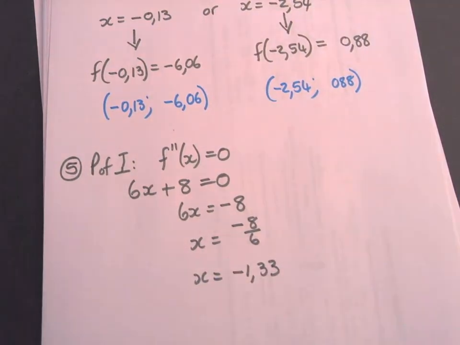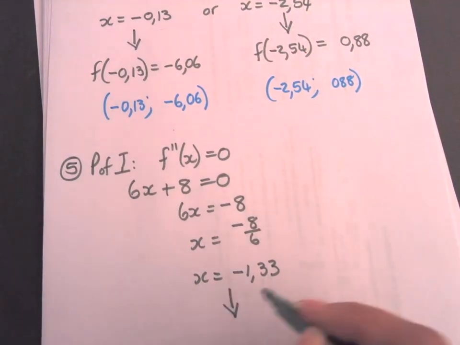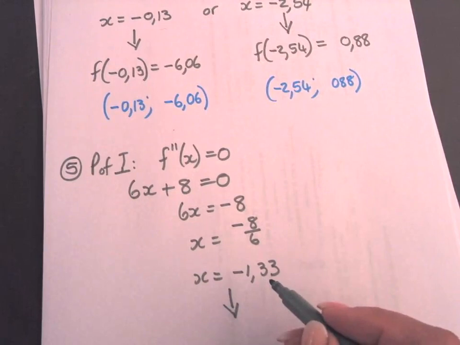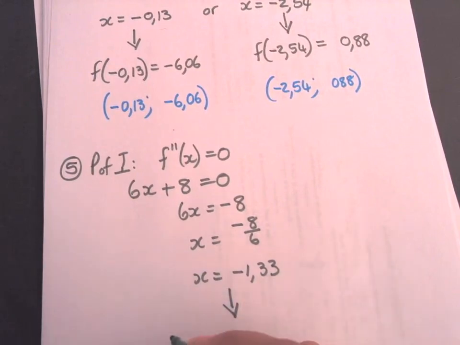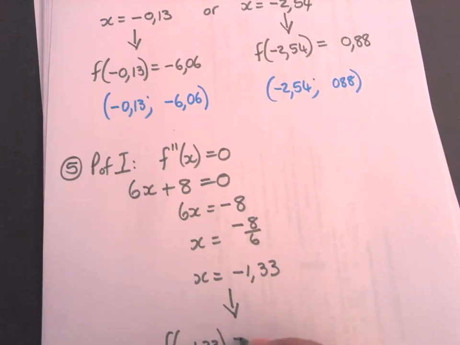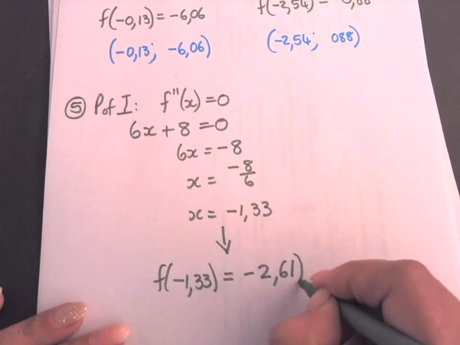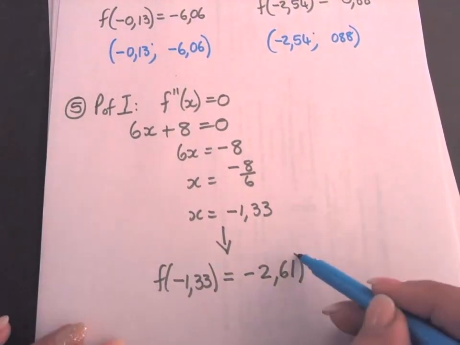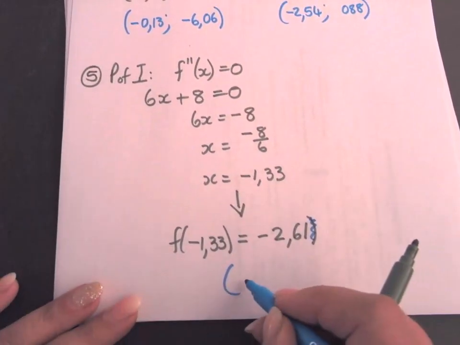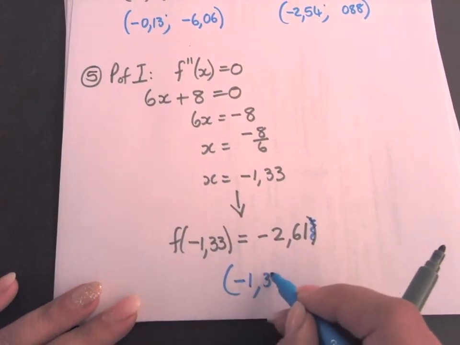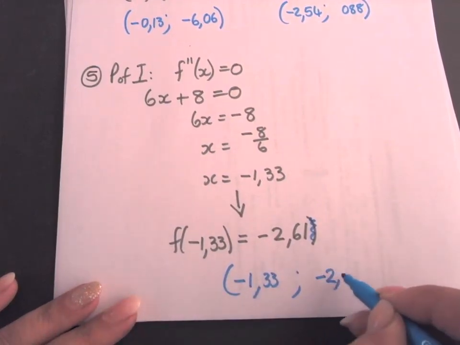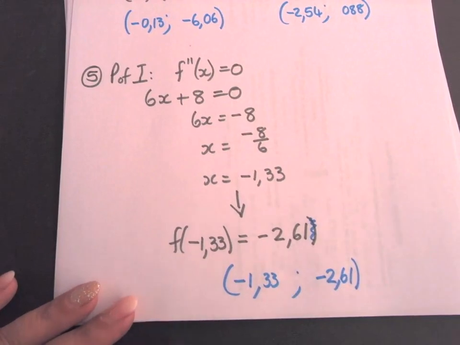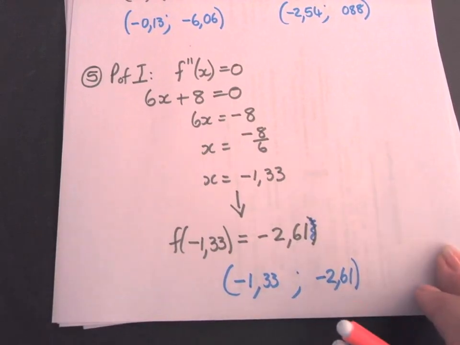That's only the x value. I want a coordinate. So I need to substitute this x value into what? Original f. Minus 1,33 gives negative 2,61. So my coordinate will be negative 1,33 and negative 2,61. There I have all my coordinates.